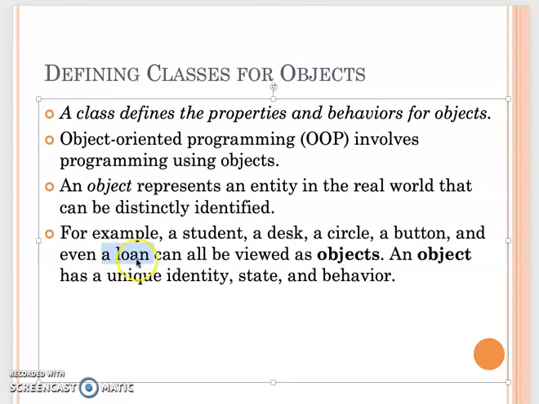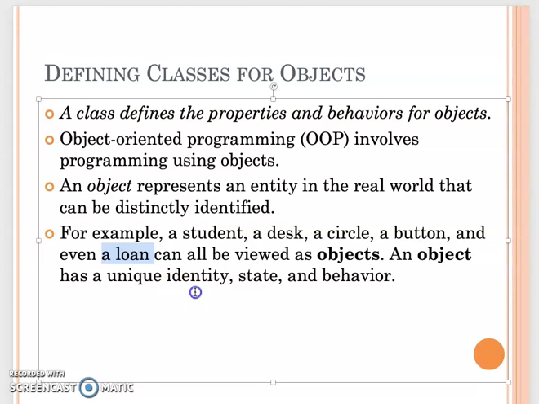In other words, anything in the real world is an object. Now I just want to pause the video. Look around your room: anything you pick up is an object.